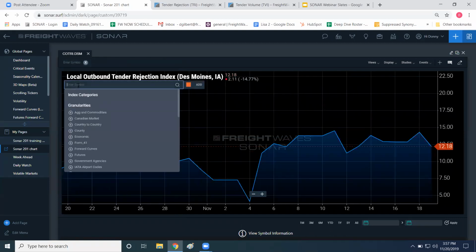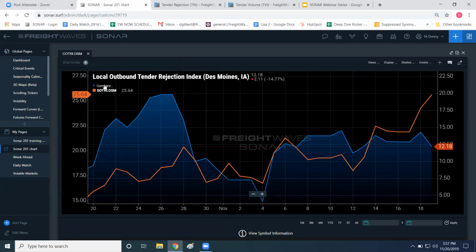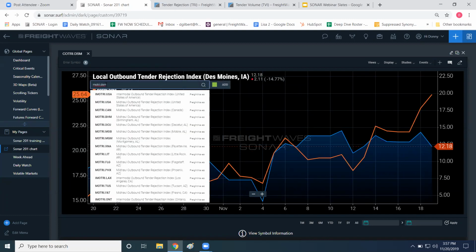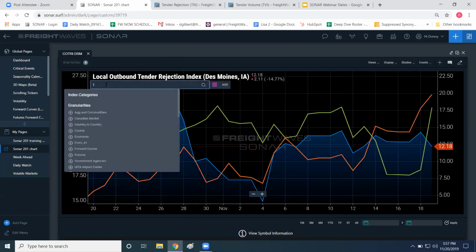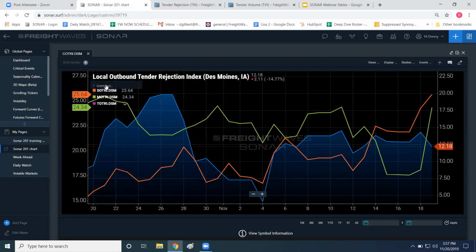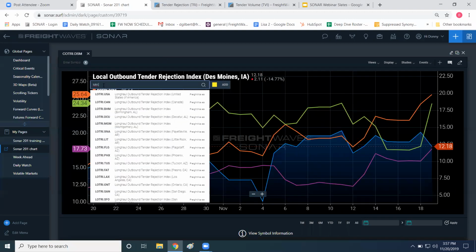And then I'm going to compare it to SOTRI.DSM. Our short haul, MOTRI.DSM. Our long haul or mid haul, TOTRI.DSM. This is our tweener haul, and lastly, LOTRI.DSM.